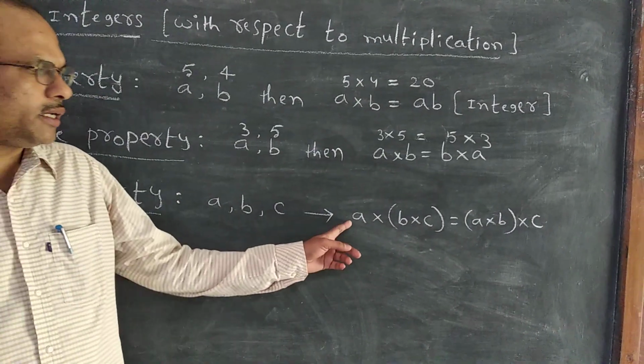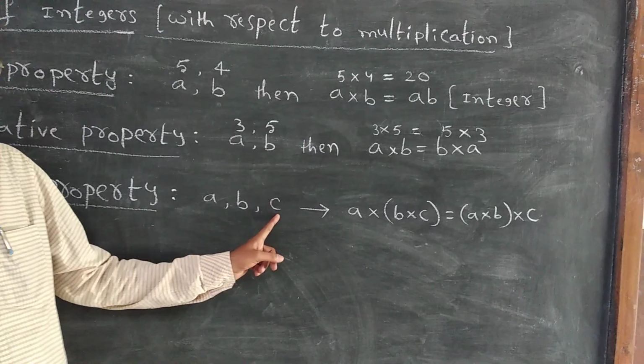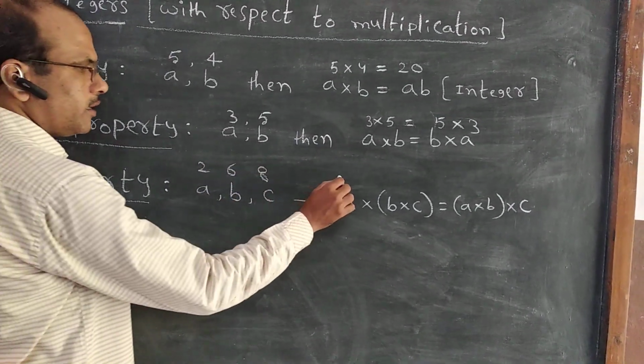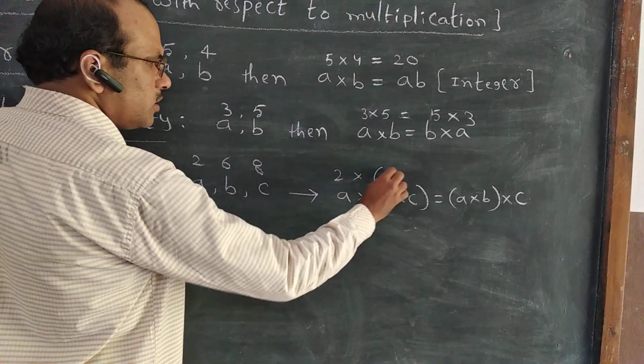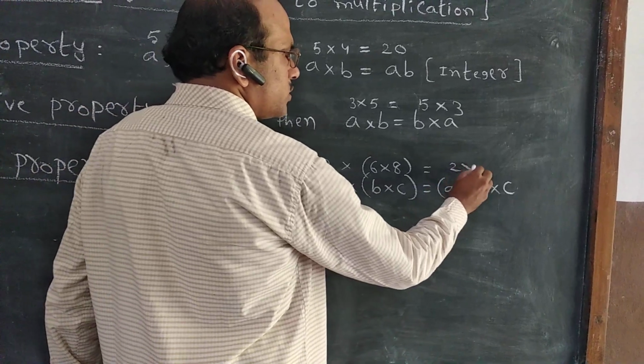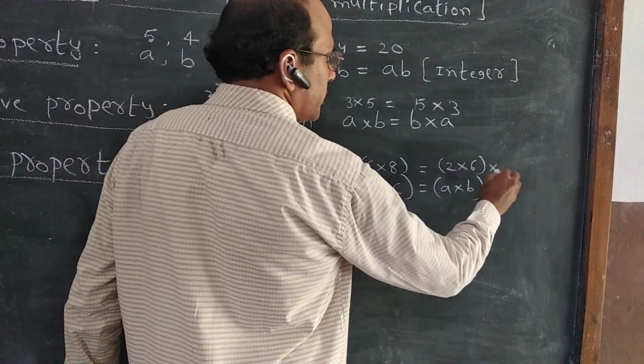You take any three integers named a, b, c, like 2, 6 and 8, then 2 into 6 into 8 will be equal to 2 into 6 into 8.